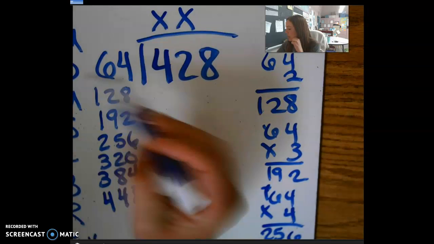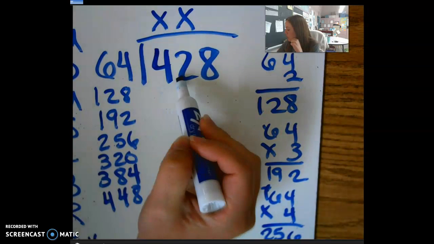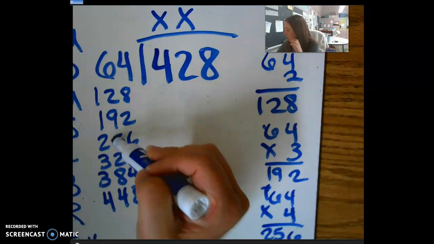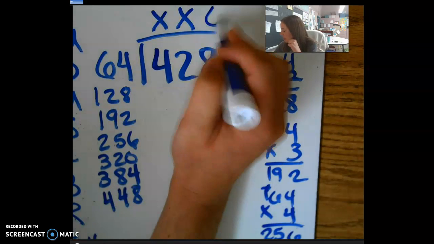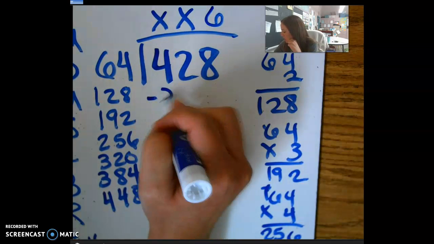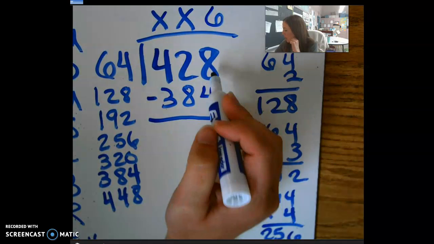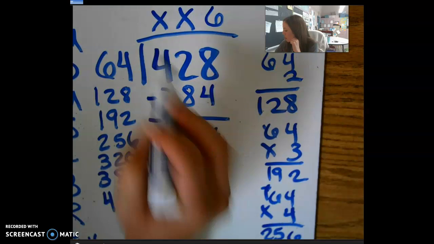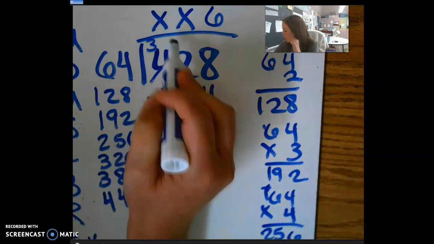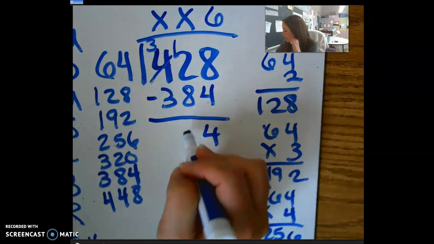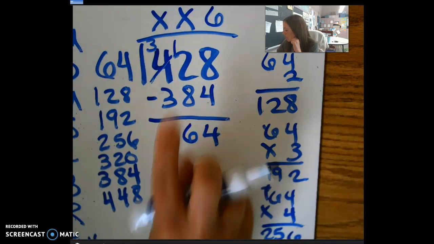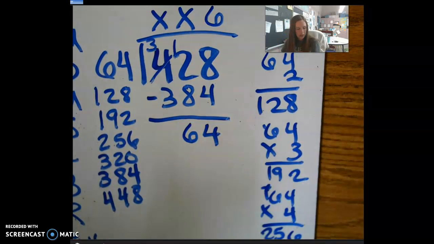So if we divide, 64 goes into 428 1, 2, 3, 4, 5, 6 times, minus 384. Okay, 8 minus 4 is 4. 12 minus 8 is 4.